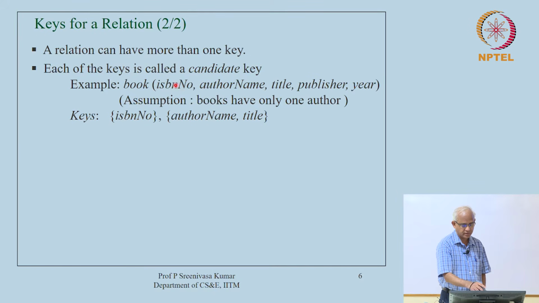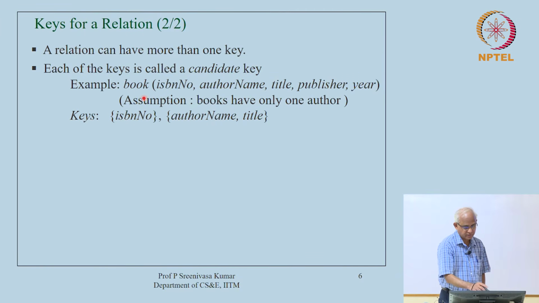So, that is what ISBN stands for. Additionally, we can make an assumption here, just to illustrate the point, that books have only one author. It is not usually the case, but let us make that assumption.